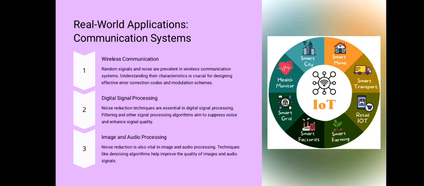Now when we talk about the real world applications of signals and noise in communication systems, understanding random signals and noise is fundamental in many fields. In wireless communication, engineers use error correction codes and modulation schemes to counteract noise.